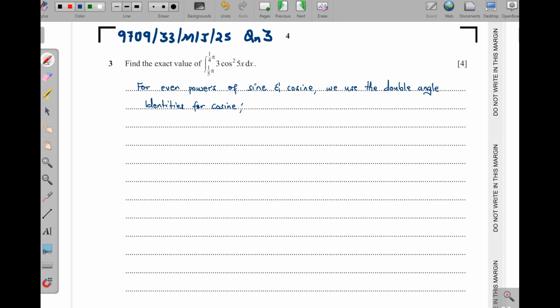Okay, this is cos squared. We have cos of 2x is equal to 2 cos squared x minus 1.